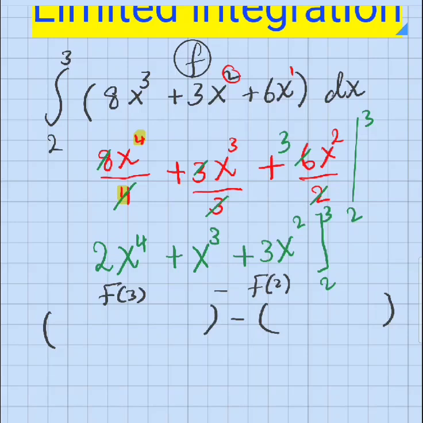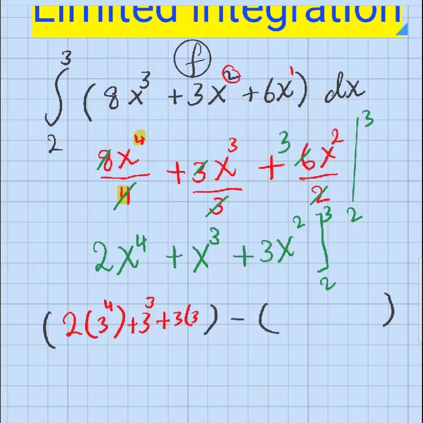So in these brackets, we're going to put F of 3, and here this is going to be F of 2. So let's plug in 3 into this expression. So it's going to be 2 times 3 raised to the fourth power plus 3 raised to the third power plus 3 times 3 squared.